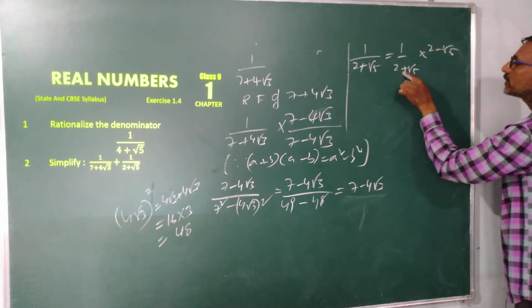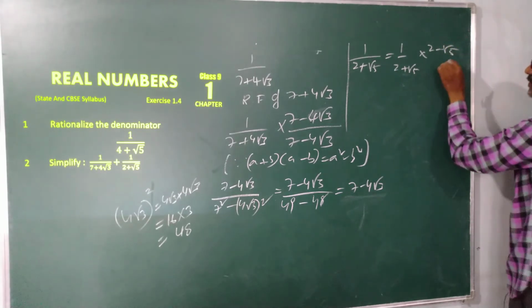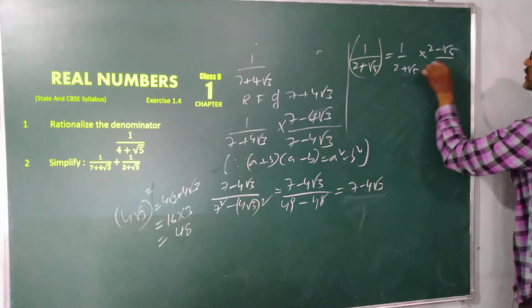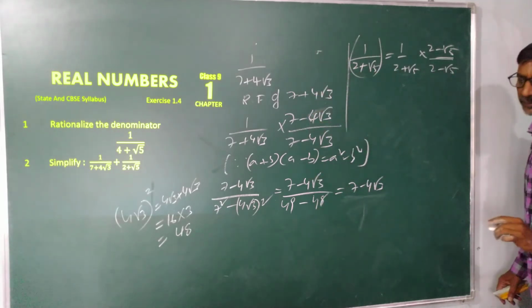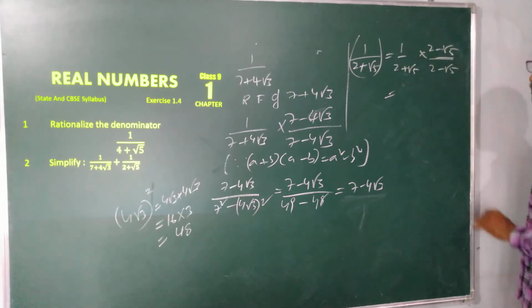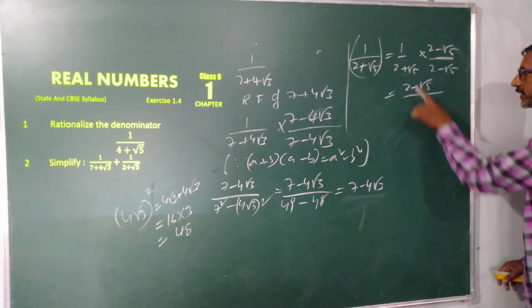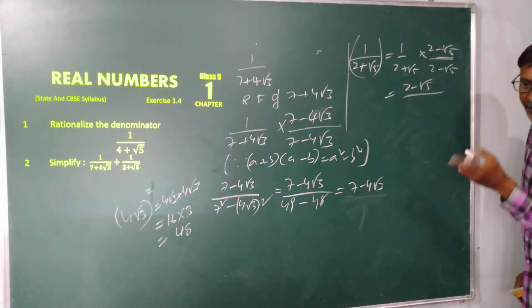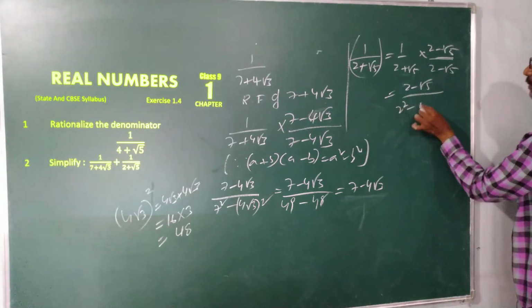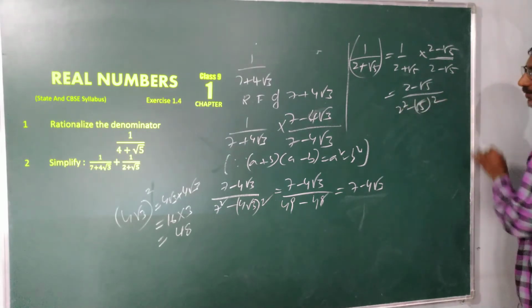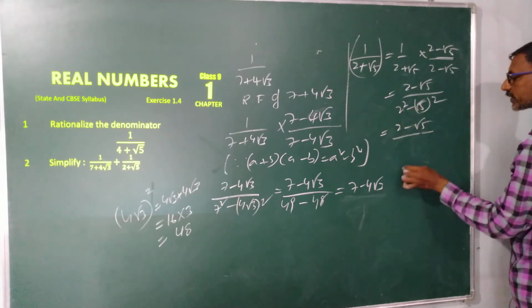Keep in mind, here it is plus now, so we will take minus. 2 minus root 5 should be multiplied and divided with this fraction. That's all. Same procedure. 1 is multiplied by this, gives the same. 2 minus root 5 over, this is a plus b into a minus b. We can write a square minus b square. Same procedure. 2 square minus root 5 whole square. 2 minus root 5 divided by 2 square, 4.